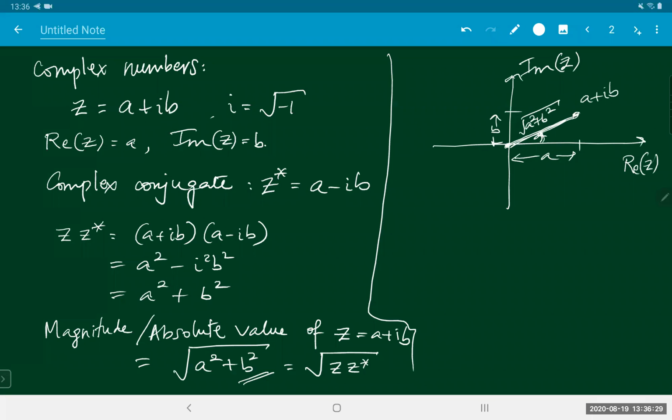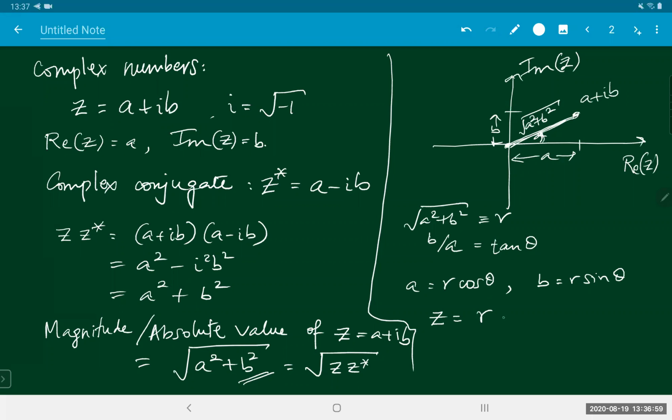So if I denote the square root of a squared plus b squared by r, and if I denote this angle theta, where tan theta is b over a, then you can see that a is just r cosine theta and b is just r sine theta. So z, you can write it as r cosine theta plus i r sine theta.